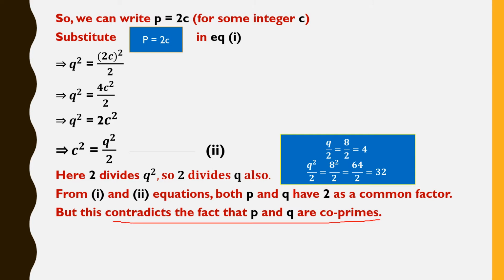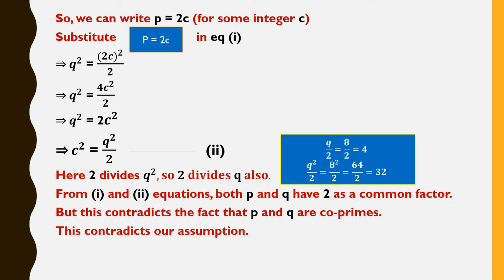We took them as co-prime numbers, but we got 2 as a common factor. Apart from 1, if any other common factor is there, then they are not co-prime numbers. Then our assumption is false, right? So this contradicts our assumption, meaning our assumption is false. So we can tell that root 2 is an irrational number.